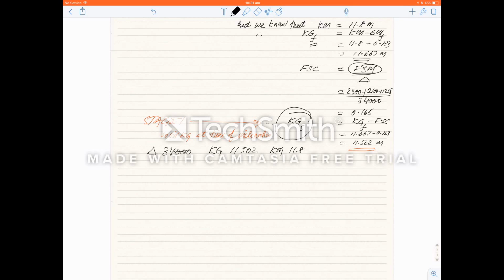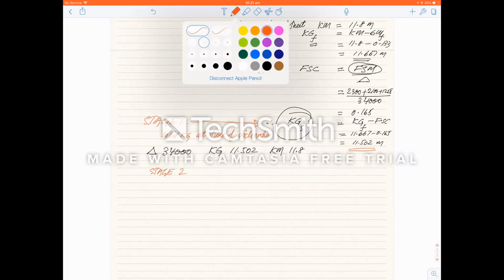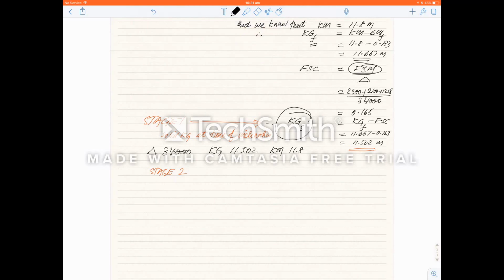How would you do that? That's our stage 2. So stage 2 in the calculation is to bring the vessel to light ship status.